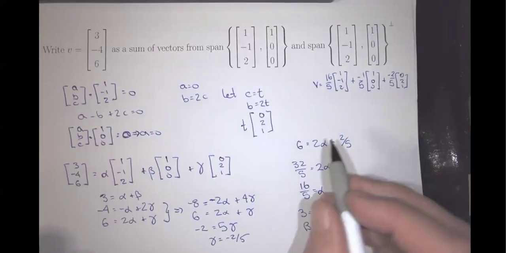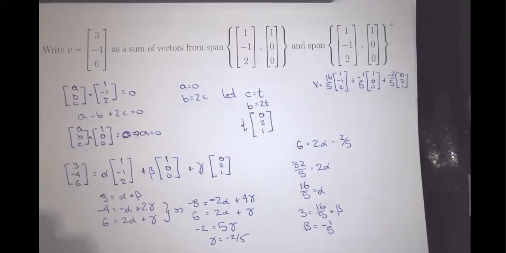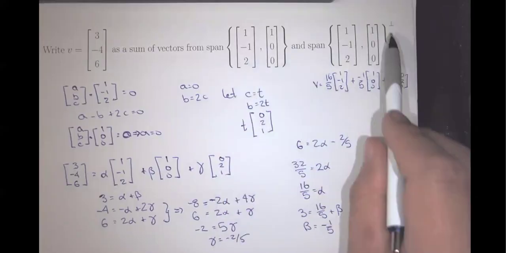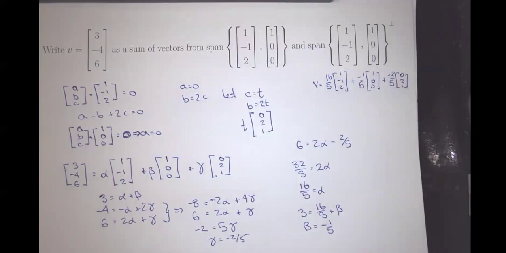And so that's vector V written as the sum of vectors from this set and from the orthogonal complement to that set.